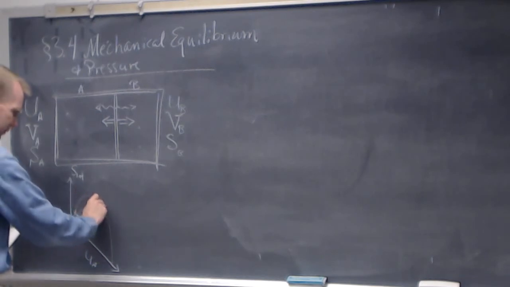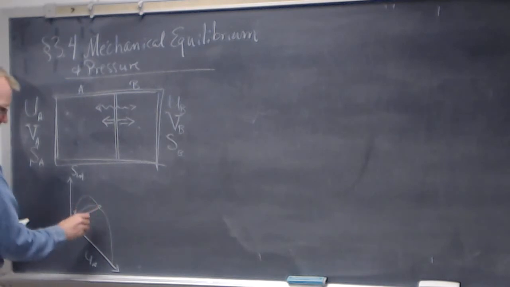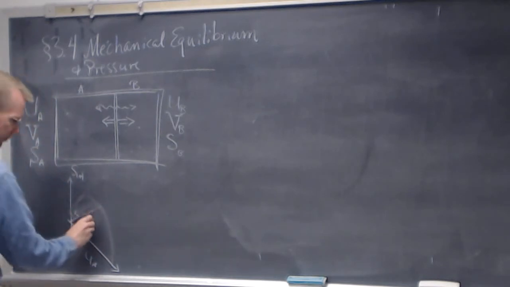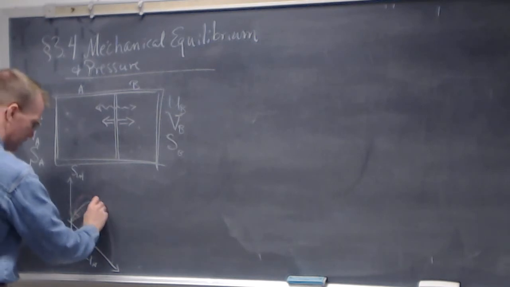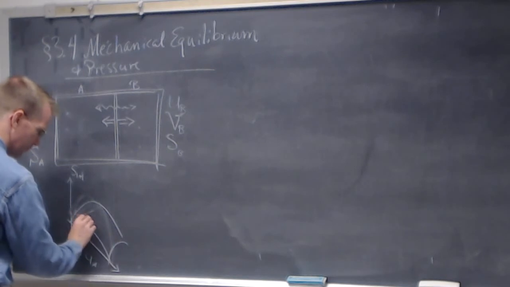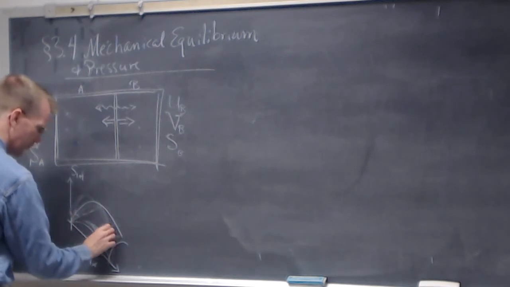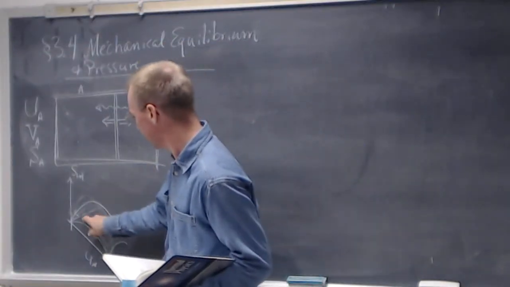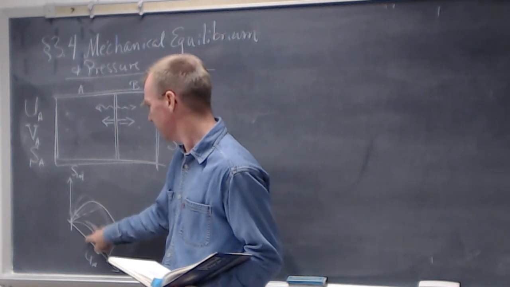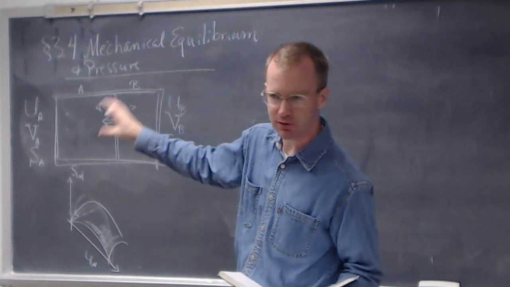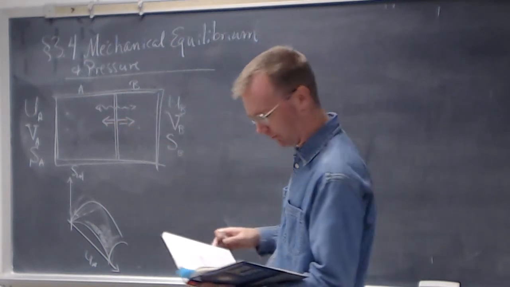It also increases to a peak in the middle versus volume. The whole shape is kind of hard to draw by hand, sort of like a pup tent. Anyway, it peaks somewhere in the middle range of volume of A and somewhere in the middle range of energy of A, where the maximum is for A to have everything of both, and the minimum is for A to have nothing of either one.